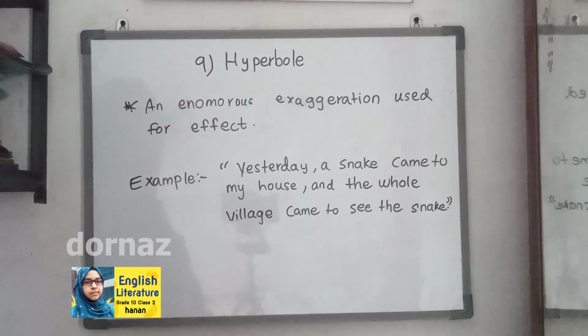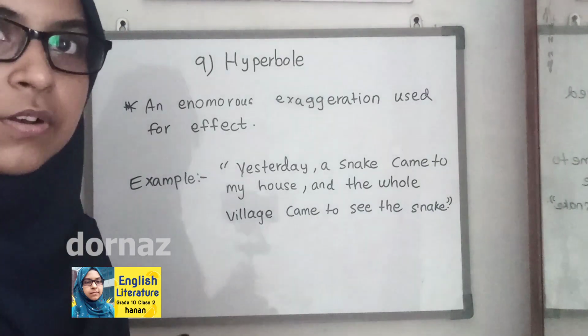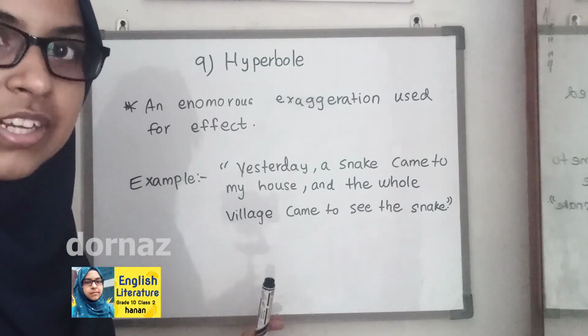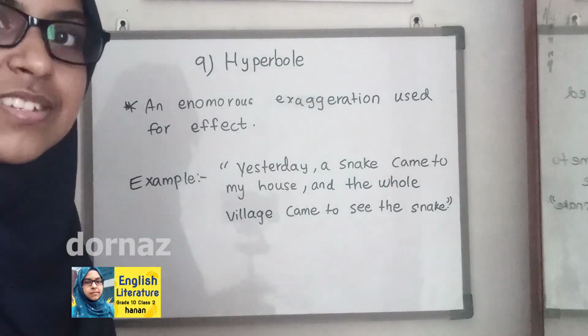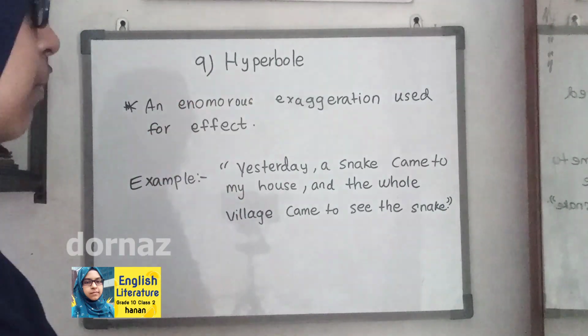How to explain this? Hyperbole. An enormous exaggeration used for effect. Many people coming to see a snake is a simple thing. But the writer has told that the whole village came to see the snake. It is a poetic device called hyperbole.